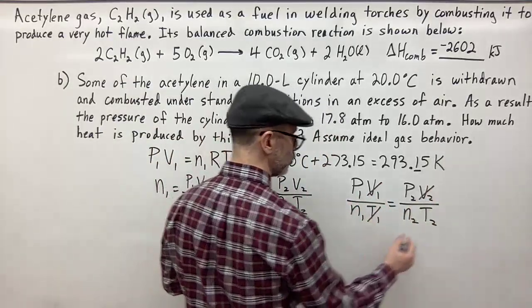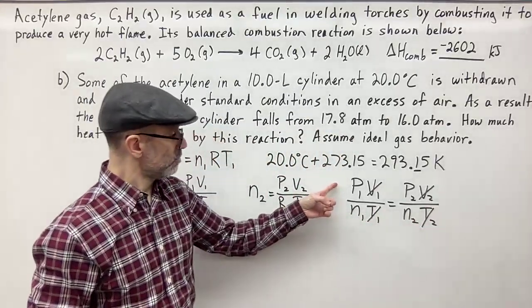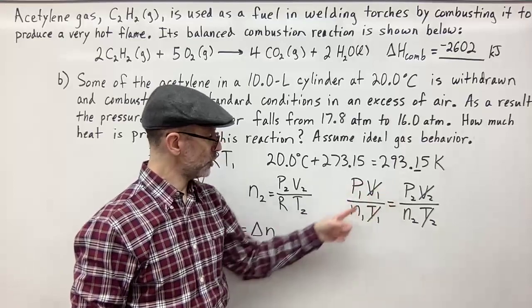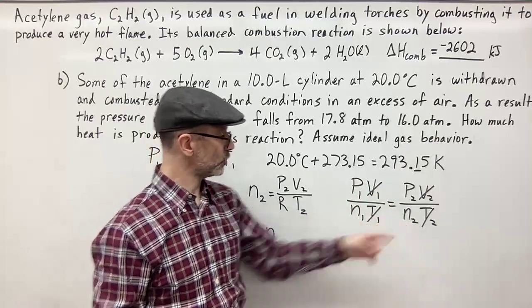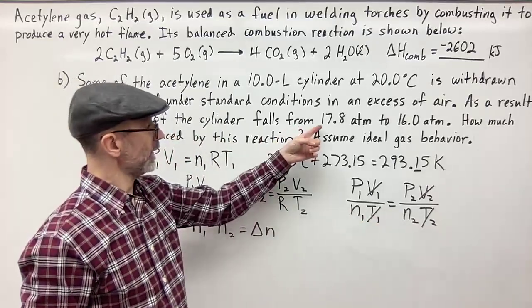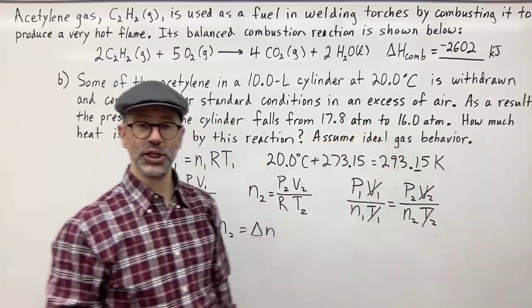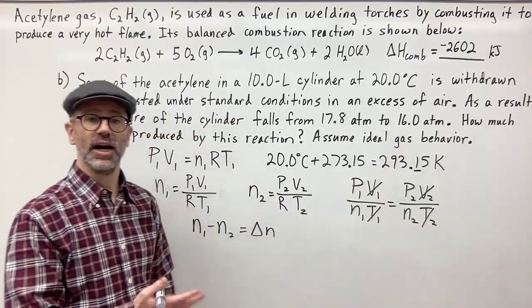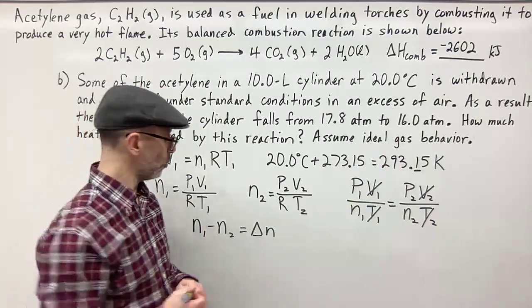Temperature is constant, so I get rid of that. And what you notice is that change in pressure is proportional to the change in the number of moles. So all I need to do is find the change in the pressure, and that's going to give me the change in moles.